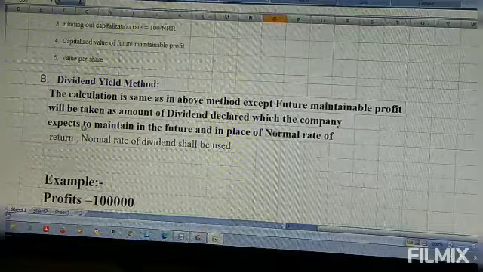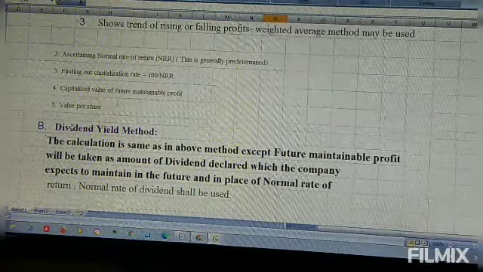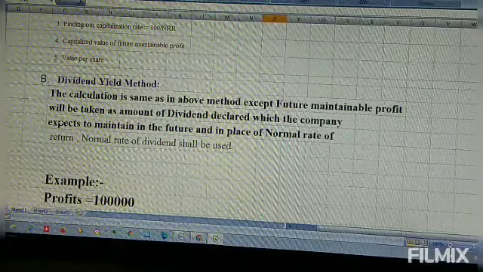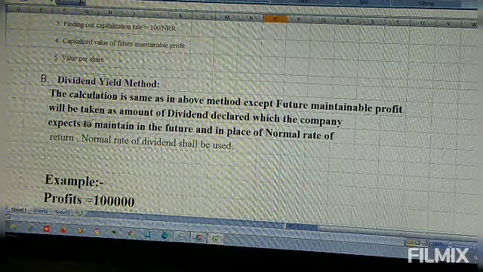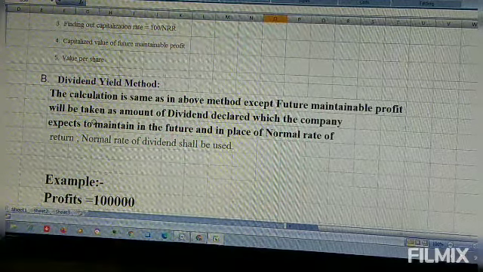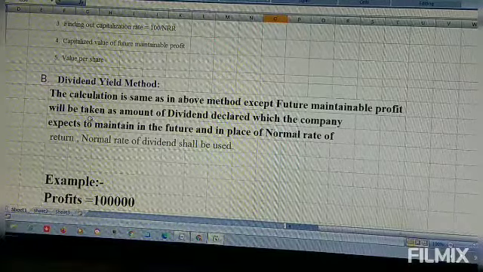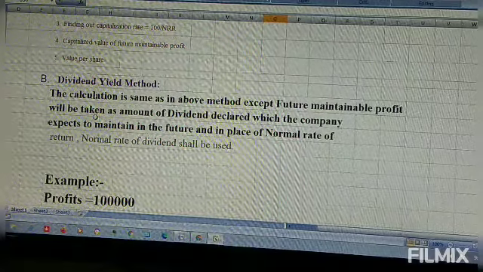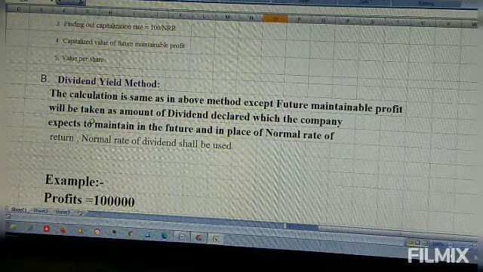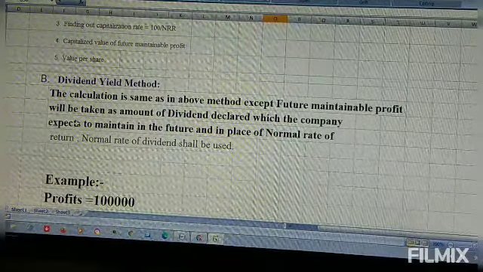Okay, now we'll see the second method. Afterwards we'll solve some problems. First method we have seen. The second method is the dividend yield method. So the dividend yield method, except the future maintainable profit. Dividend on the share investment in the form of capital is usually declared in the annual general meeting every year.